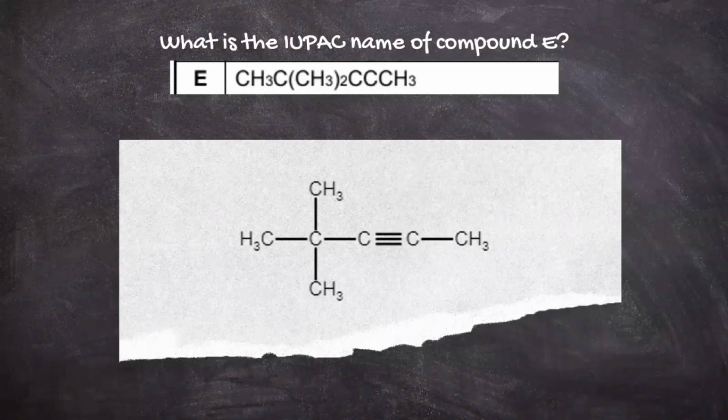All right. So for compound E, the first thing that I've gone and done is I always start by separating out each carbon by itself with its substituted groups, okay? So this is one group here, that's CH3. This is one carbon with two methyl side chains.